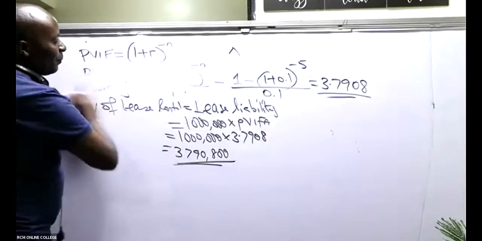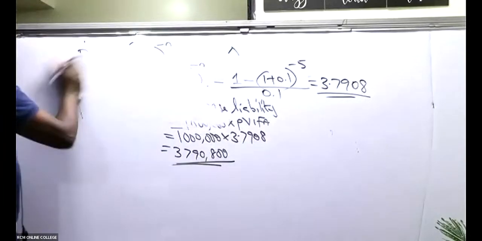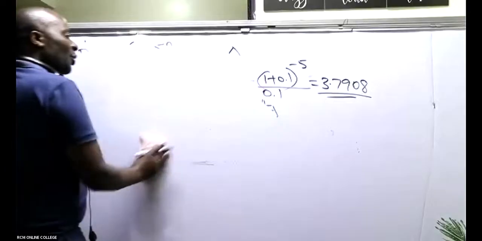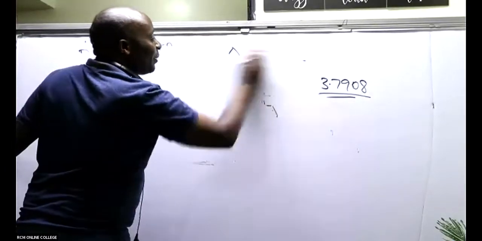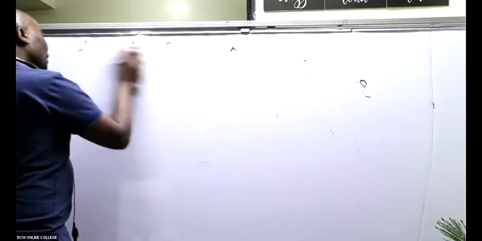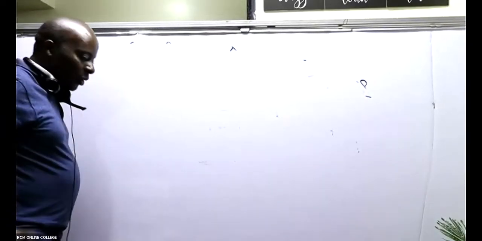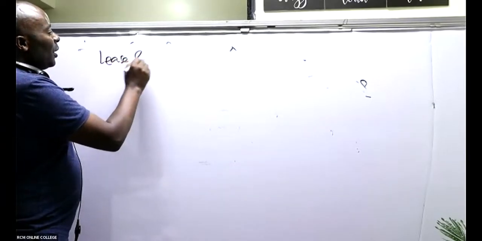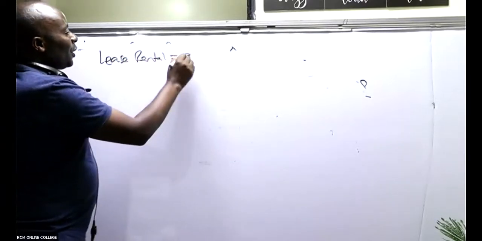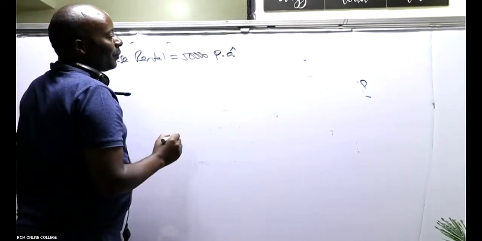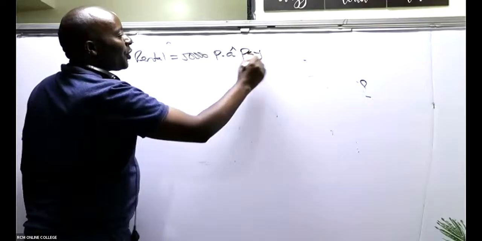Thank you so much. But you see again, another trick that I've always seen the AFR, Advanced Financial Reporting, and of course the Intermediate Financial Reporting examiners doing. These examiners will come and tell you the following. That the lease rental is 50,000 per annum, payable in advance.